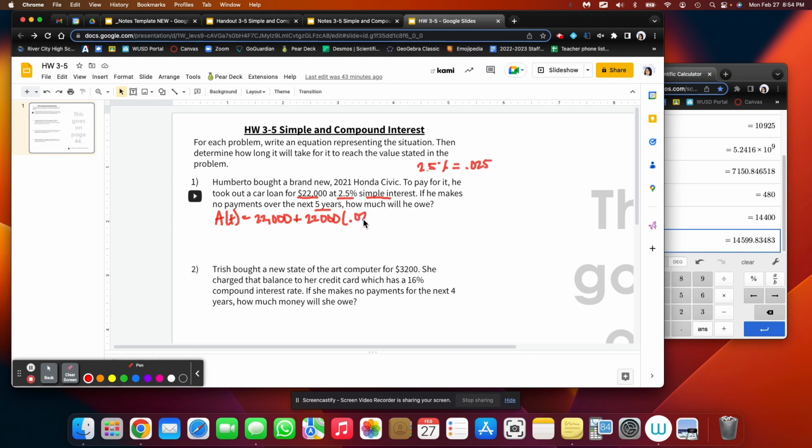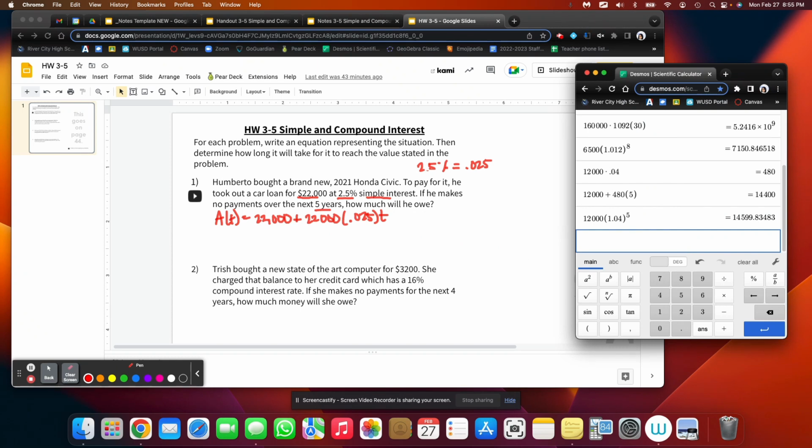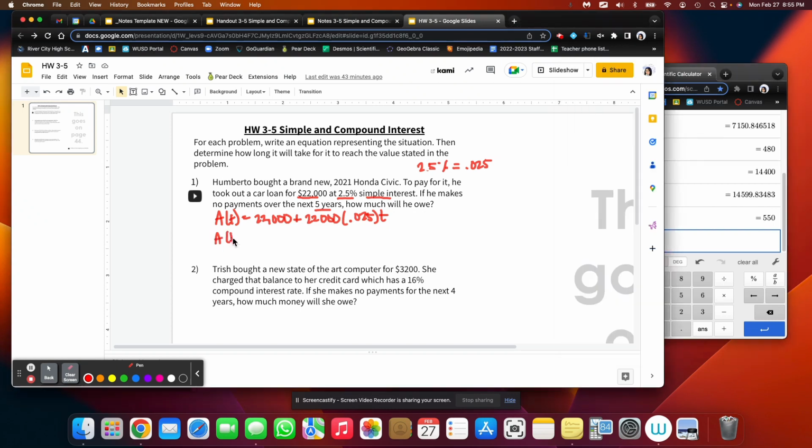So 0.025 times the time. So we can simplify this a little bit more to see how much interest he's paying each year. So 22,000 times 0.025, that's $550. So the equation is going to be $22,000 plus 550 times t.